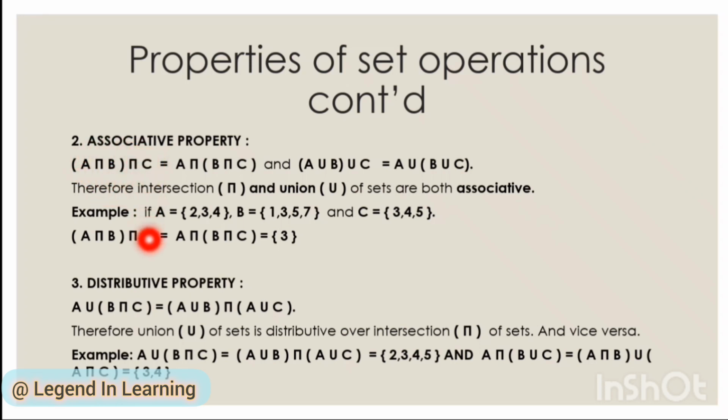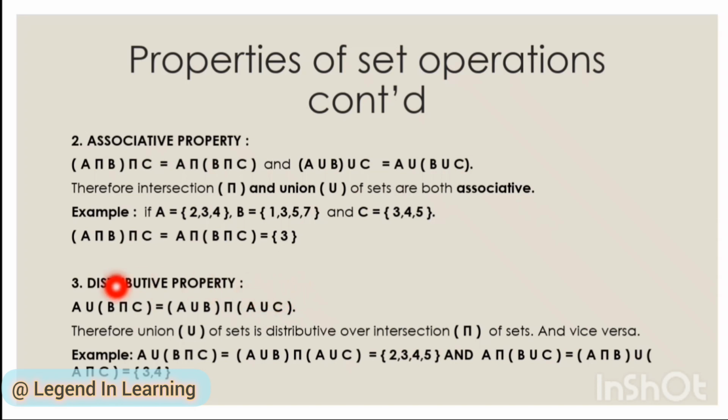But when we come to distributive, the one outside will be different from the one inside the bracket. So we have A union, in brackets, B intersection C, which is equal to what? We have to split it open into A union B in one bracket, intersection A union C in another bracket.